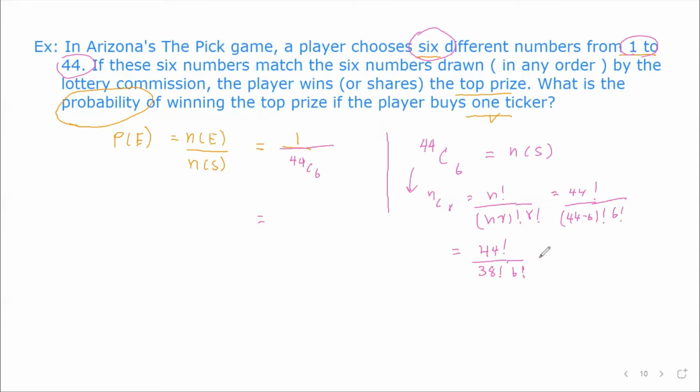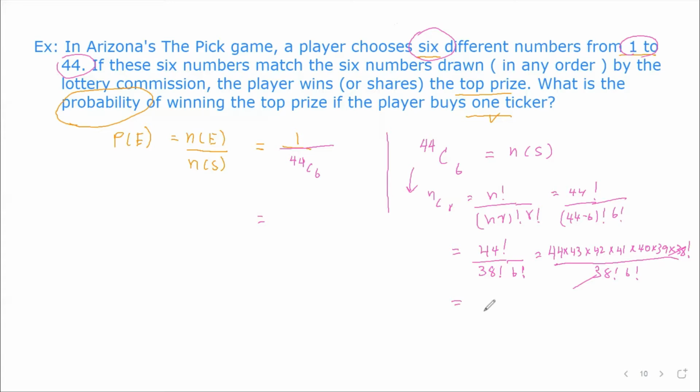Then if you simplify manually, what we have to remember is 44 times 43 times 42 times 41 times 40 times 39 times 38 factorial. Then we stop like that because we can cancel with the denominator 38 factorial times 6 factorial. So this one cancels. You are left with the top, and 6 factorial means 6 times 5 times 4 times 3 times 2 times 1.